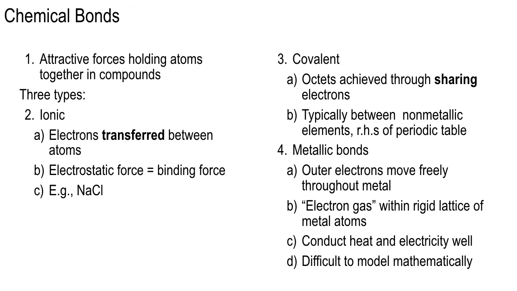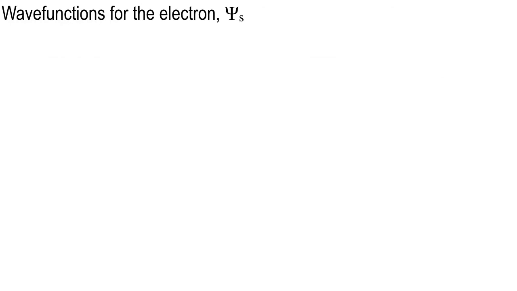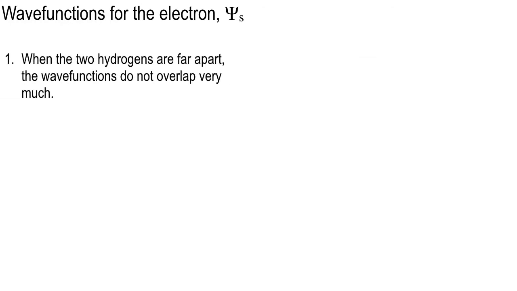So if you ionize one atom and you give that electron over to another atom, you'll have a positive and a negative, and they'll attract. That's what sodium and chlorine do, right? But the wave functions tell you how covalent bonds work.